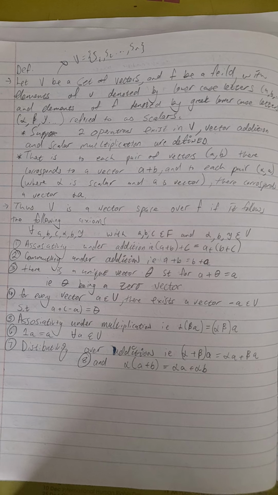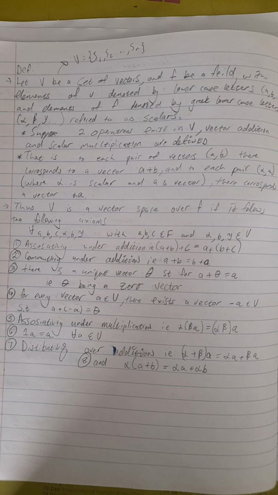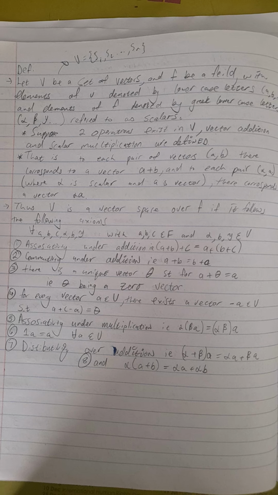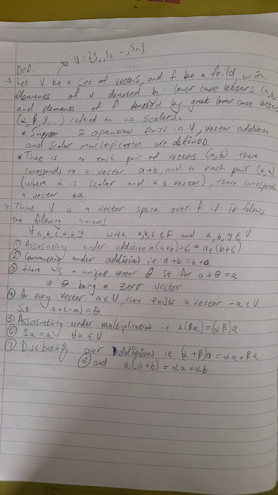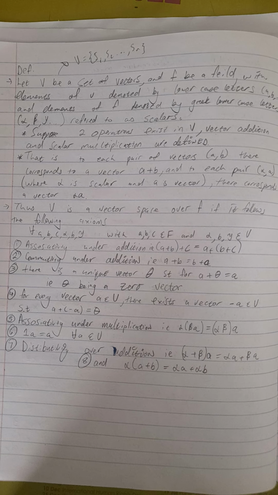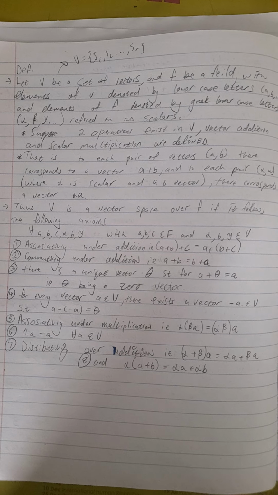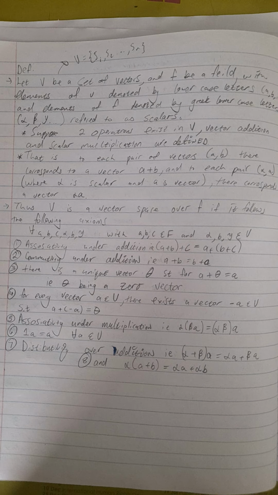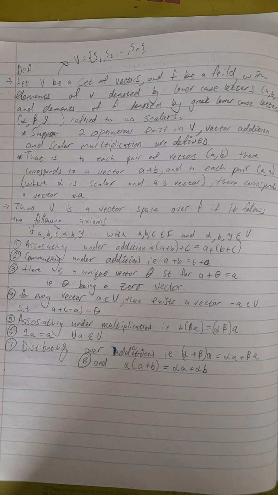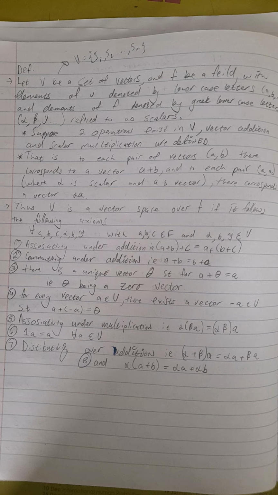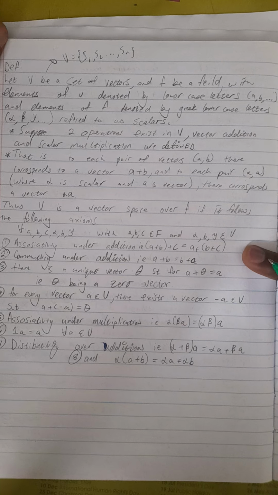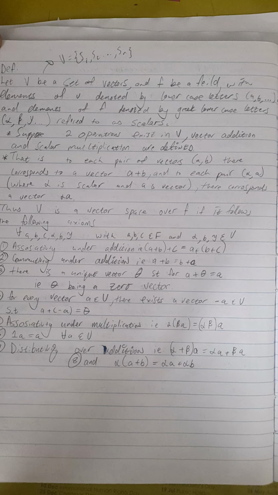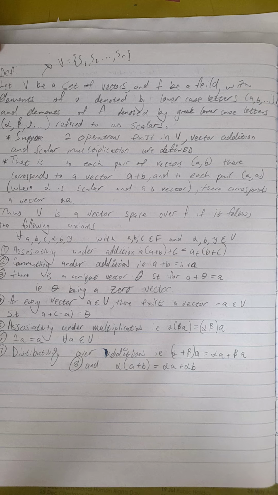A vector space is going to be a set that holds the conditions of vector addition and scalar multiplication. That is, to each pair of vectors A, B, there corresponds a vector A plus B, and to each pair alpha, A, where alpha is a scalar in our field, and A is a vector, there corresponds a vector alpha A.